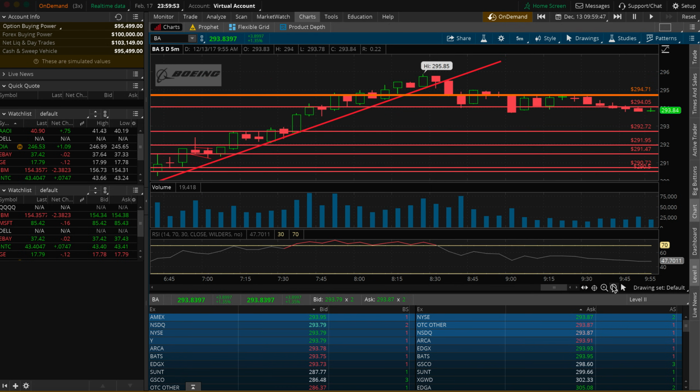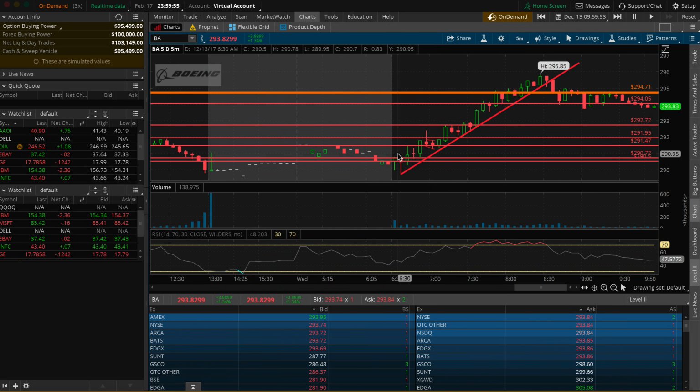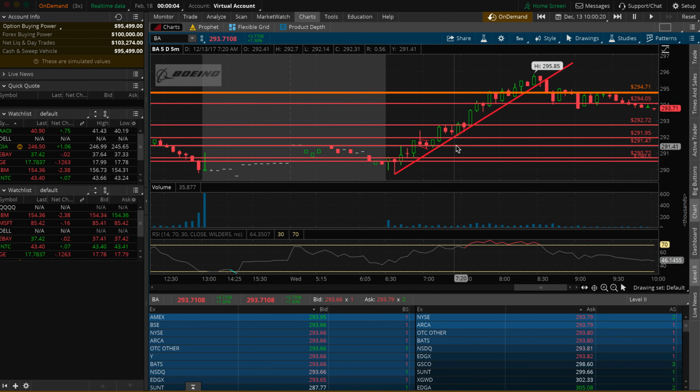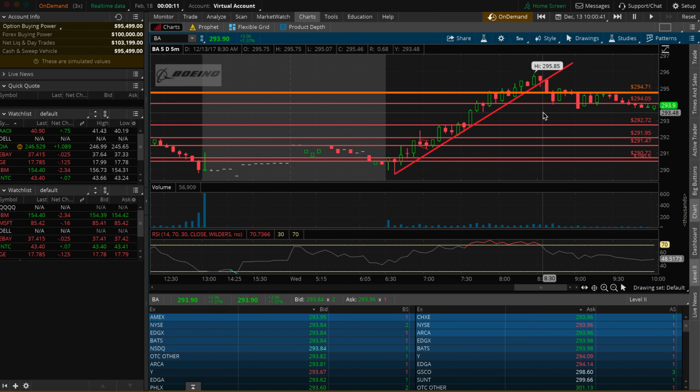I mean, if we look back here from 6:30 to 7:30, look at the move we made. Huge. From 7:30 to 8:30, look at the move we did. Huge. And then 9 o'clock, we consolidate.